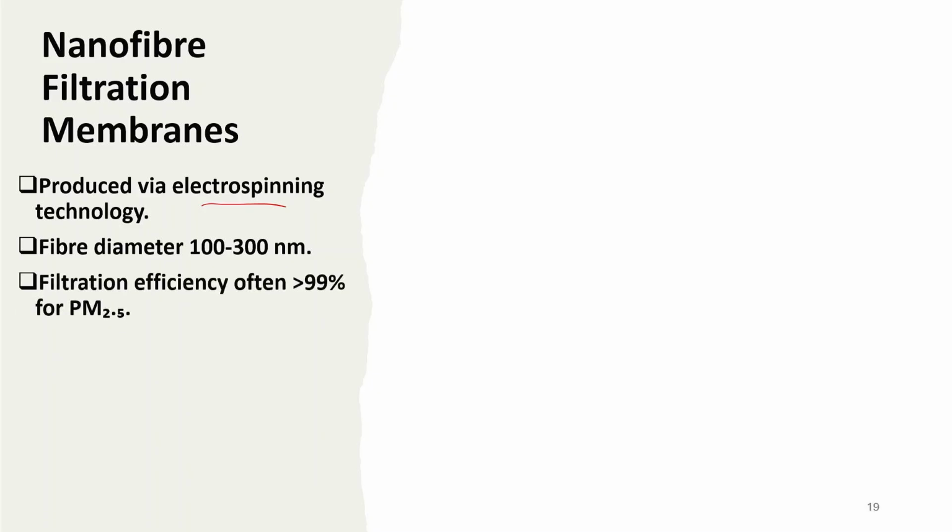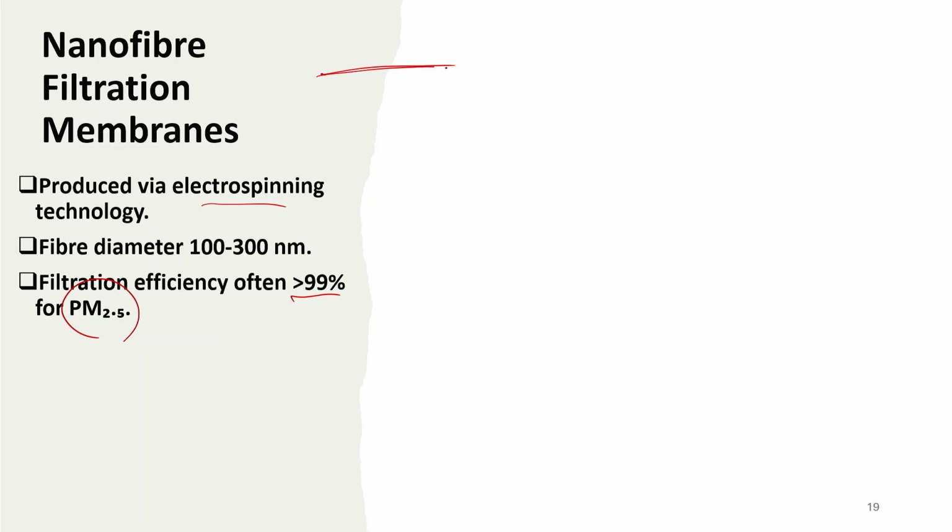And so, for filtration efficiency for PM 2.5, very fine particles, we can achieve more than 99% filtration efficiency. So, nanofiber membranes can be used. The main drawback here is that the strength of nanofiber is low. So, we need a substrate.